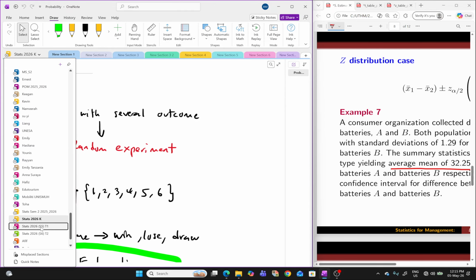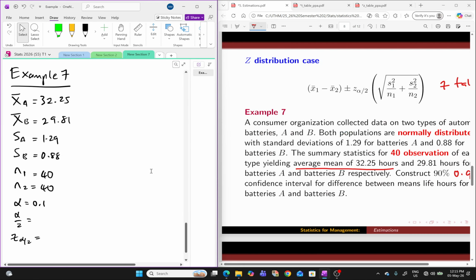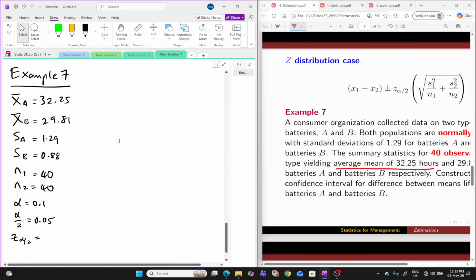Go back to this one. So what is alpha over 2? That should be 0.05 and 0.05. There is some standard thing you can remember.